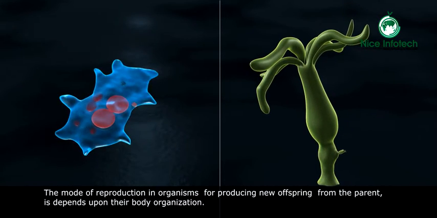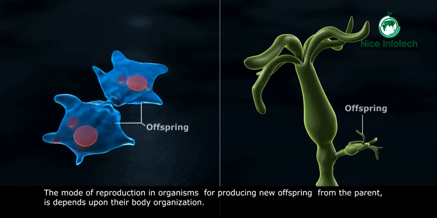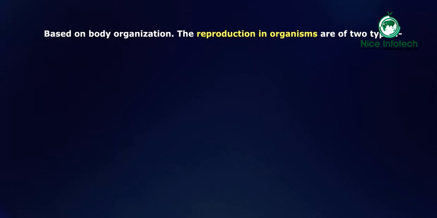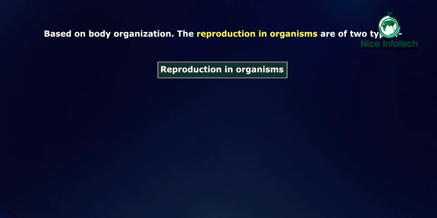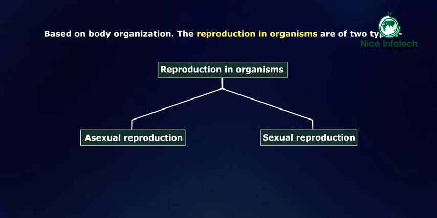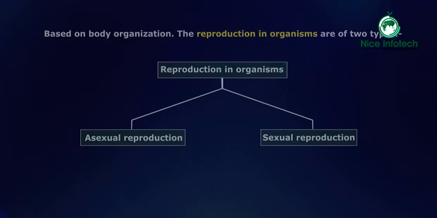The mode of reproduction in organisms for producing new offspring from the parent depends upon their body organization. Based on body organization, reproduction in organisms is of two types: asexual reproduction and sexual reproduction.